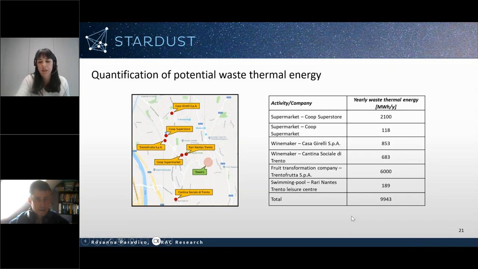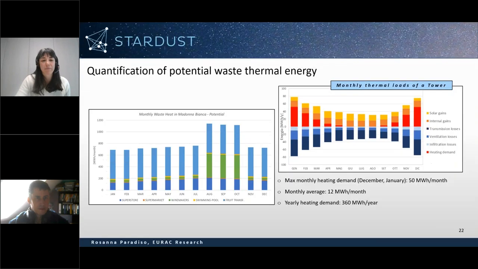So in less than 2 kilometers of radius around the towers, there is a potential availability of 10 gigawatt hours per year. Very, very promising, but let's see how this energy is distributed along the year.